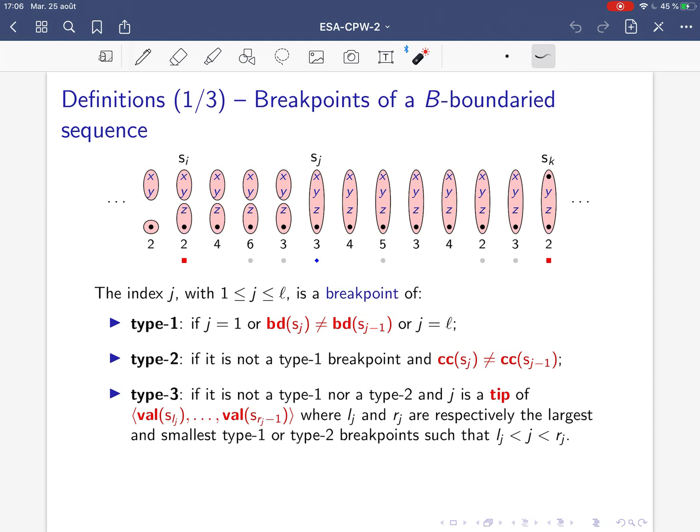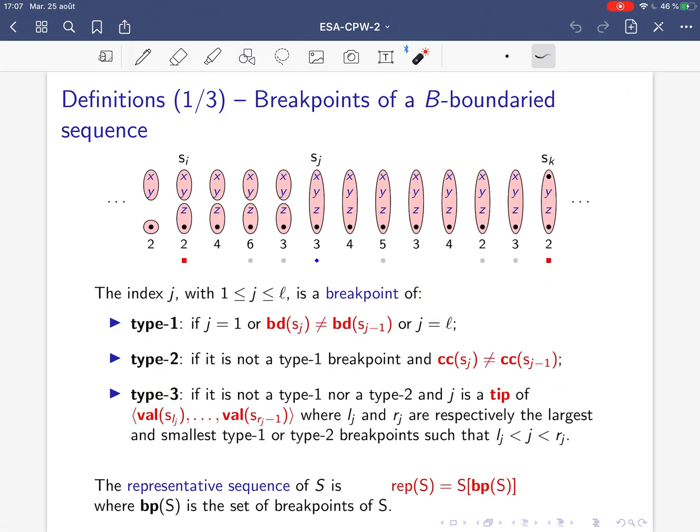This is where the typical sequences are used. Type 3 breakpoints are defined by considering the values between two consecutive type 1 or type 2 breakpoints. For example, here, we consider the integer sequence formed by the values of the triples, 3, 4, 5, 3, 4, 2, 3, and you will consider the tips of this subsequence. And so a type 3 breakpoint is one of the tips. Here with the gray dots, these are type 3 breakpoints.